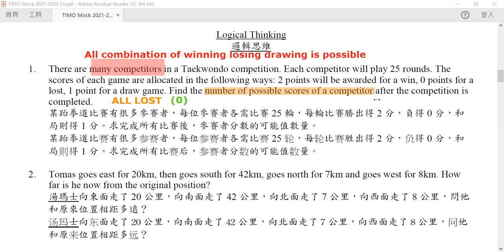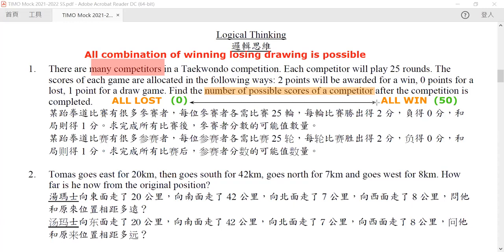How about if a competitor is so good that they win each and every one of the matches? Then they will get 2 times 25 is equal to 50. So we know at first glance that all the points that are possible for this competition lie within the range from 0 to 50.